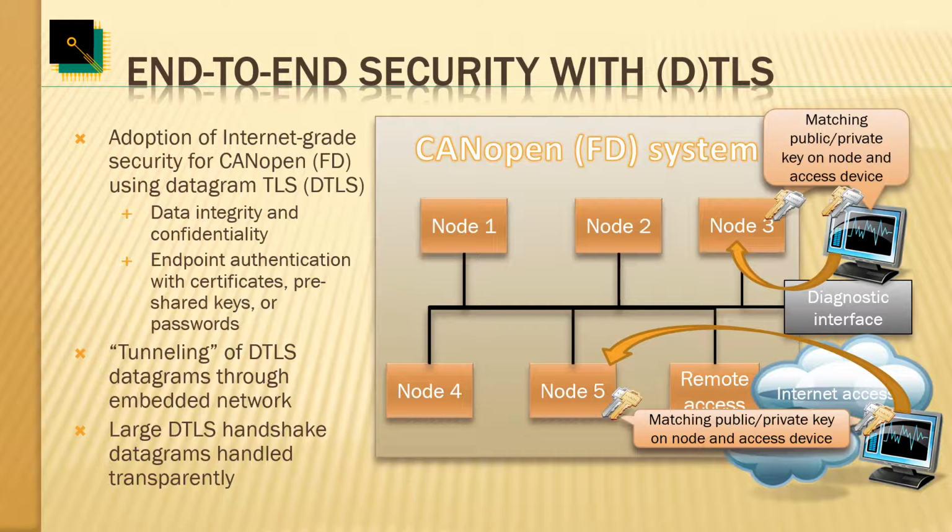It does not make sense really between individual nodes just exchanging a few bytes of data. But as soon as it comes to integrating or connecting diagnostic interfaces that need some authorization, or any sort of remote access where a remotely connected control device can actively connect to one or multiple of the devices in a CAN network, then DTLS makes a lot of sense, and we can simply tunnel the communication that comes in via the internet through CAN communication.